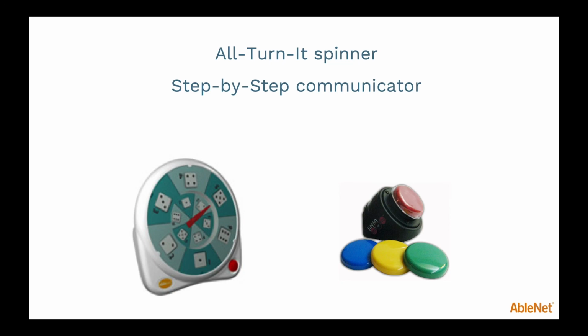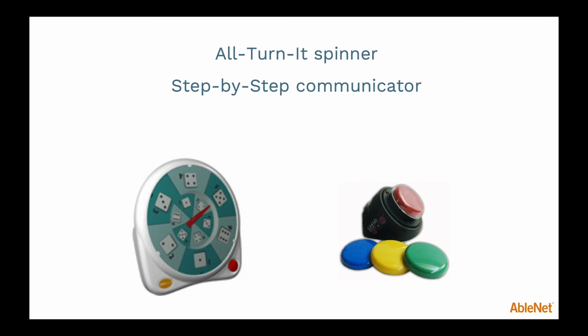The step-by-step communicator is a communication device that contains 2 minutes worth of recording space that teachers can use to record a single message or sequential messages. Students activate the message by pushing the button, and after the first recording plays, the next message is activated by pushing the button again until it cycles through all of the recorded messages.